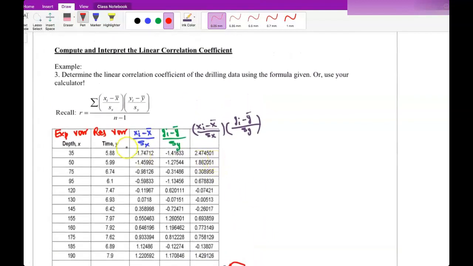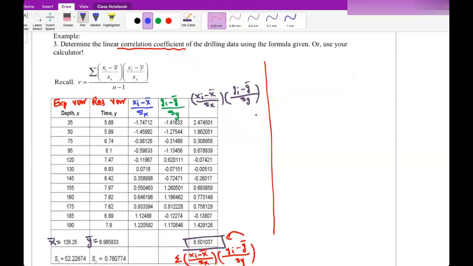Okay, so we were asked to use this formula to find the correlation coefficient. So R is equal to, we already have all these data. So on top we have 8.5010 37, divided by n minus 1.